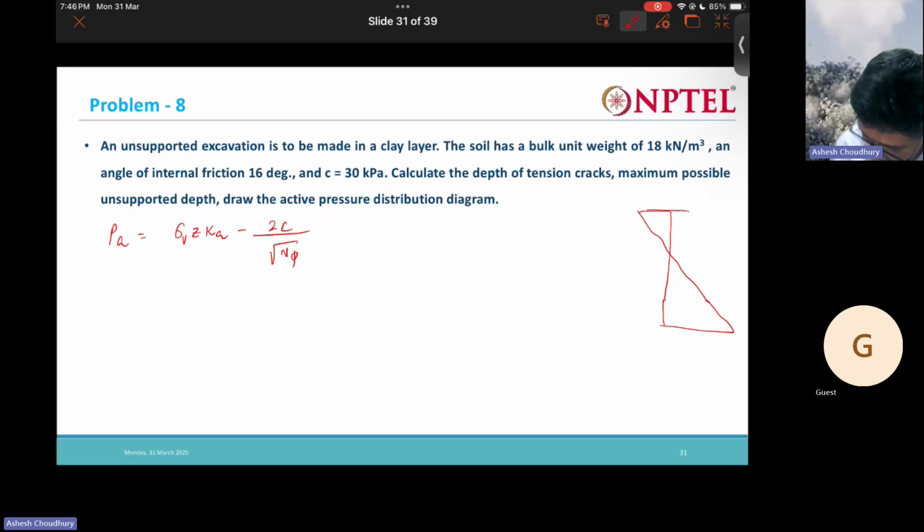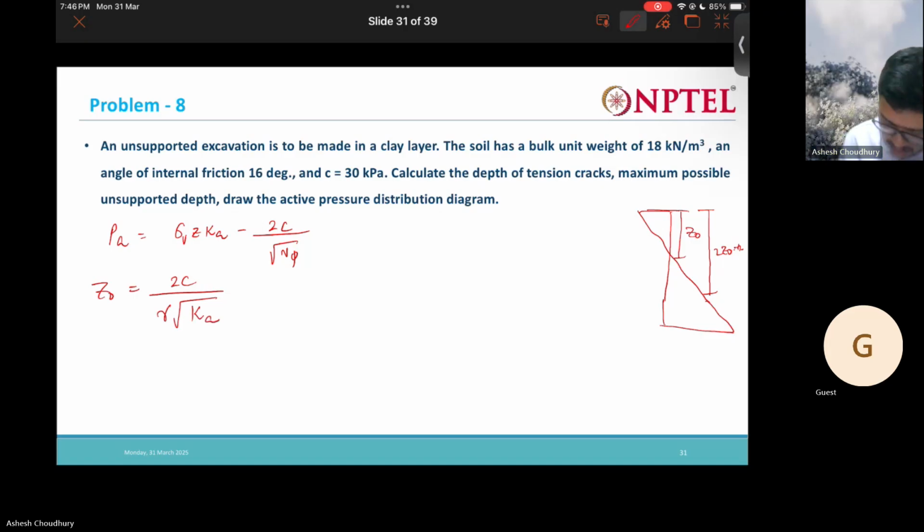If this depth is z naught, the maximum supported depth is twice z naught, h. Alright, so z naught is nothing but, this is 0, PA is 0, so from here I can get 2c over gamma root Ka. That is my z naught.